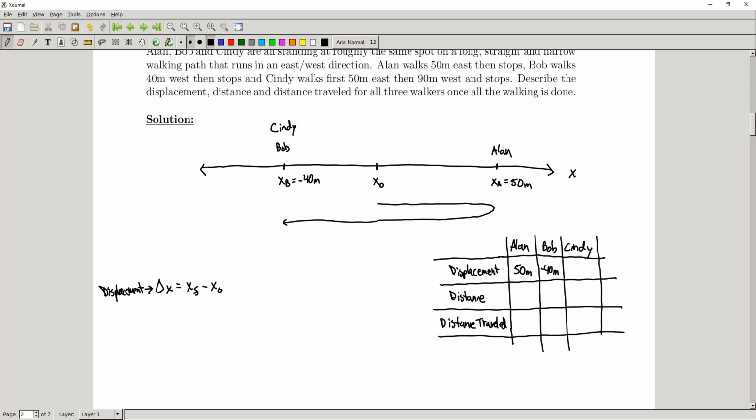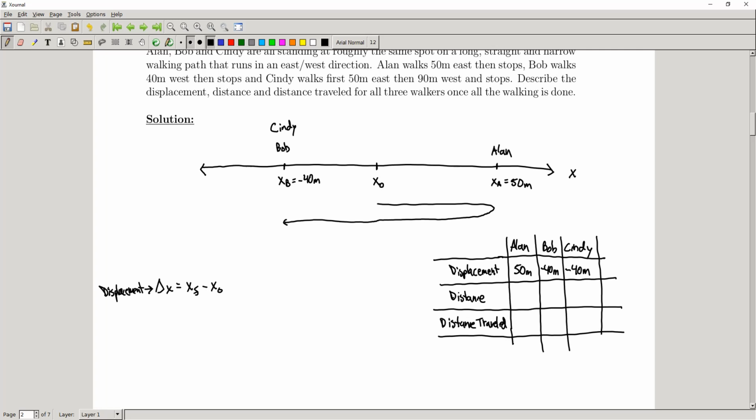Okay? And Cindy ends up at the same position as Bob. It doesn't really matter how she got there. All we're interested in is final position and initial position. She ends up at a final position of minus 40. She started off at an initial position of 0, so she also has a displacement of minus 40 meters. Okay?